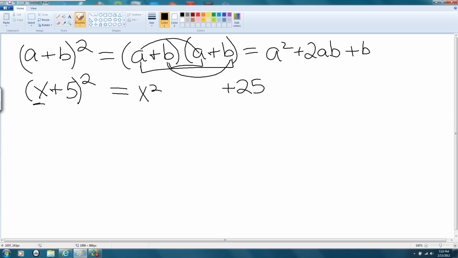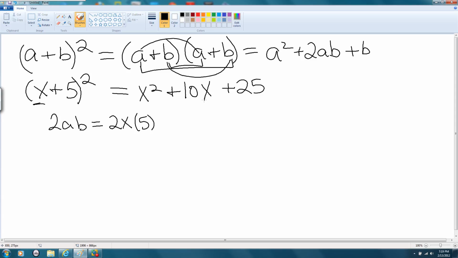And then the middle two are going to be 2 times a. Actually, a here is x, and b is 5. So 2ab is going to be 2x times 5, or 10x. So this middle term is going to be 10x.